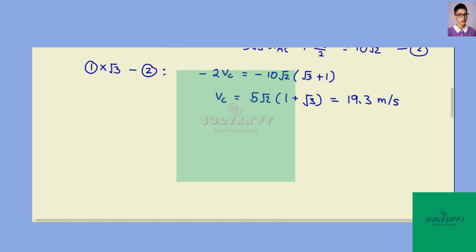So the VC vector will just be half times 19.3 times minus root 3I plus j. So this is the vector VC.